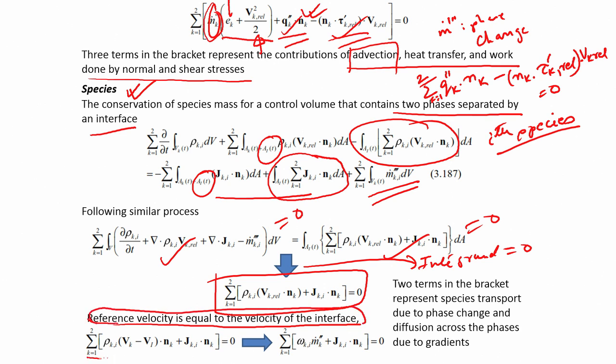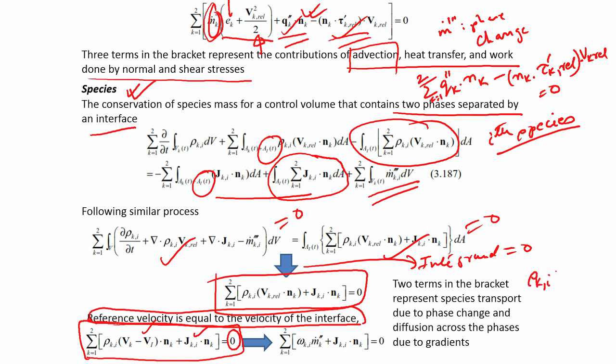Okay. So, we ultimately get to this particular expression over here, which is nothing but V k minus V I plus whatever is the diffusion component of the same, that is equal to 0. And if you look at this expression, what is rho k I?